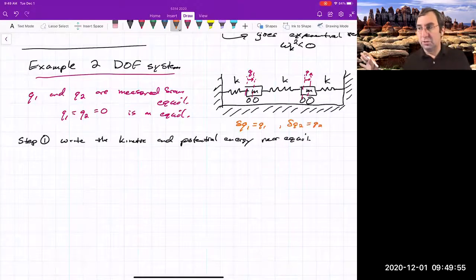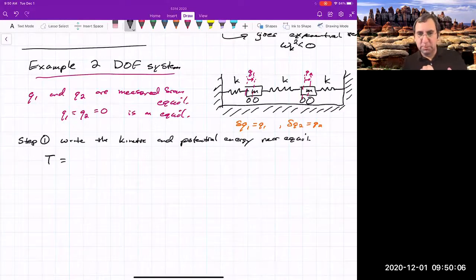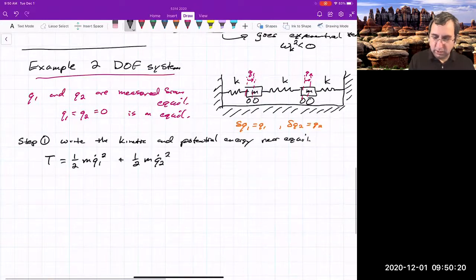So we don't have to use the delta notation. All right, so the kinetic energy, and this is just the straightforward kinetic energy. Everything's moving in just this one dimension, the horizontal dimension. So we would have 1/2 m Q1 dot squared plus 1/2 m Q2 dot squared.